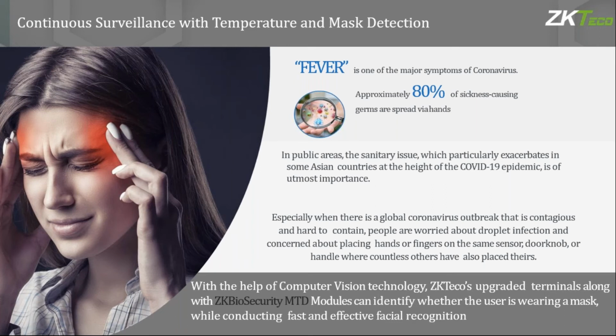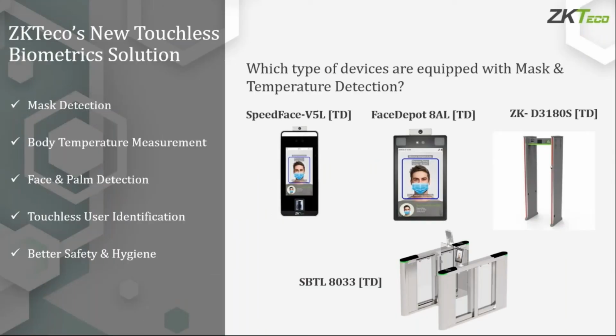So with the help of this software, if someone is not wearing a mask or if his body temperature is abnormal, we can know whether the person is wearing a mask or not, plus whenever he is coming in or going out, whether his body temperature is abnormal or normal.